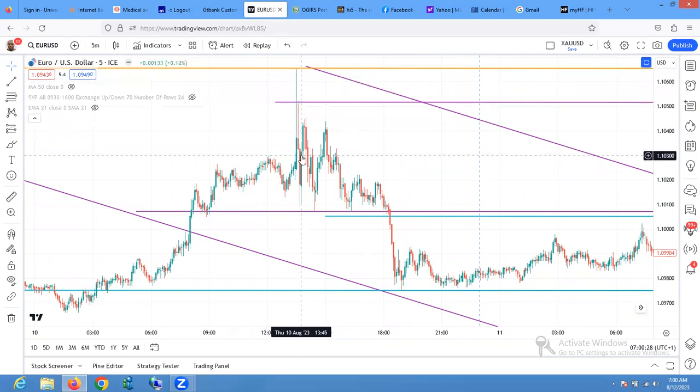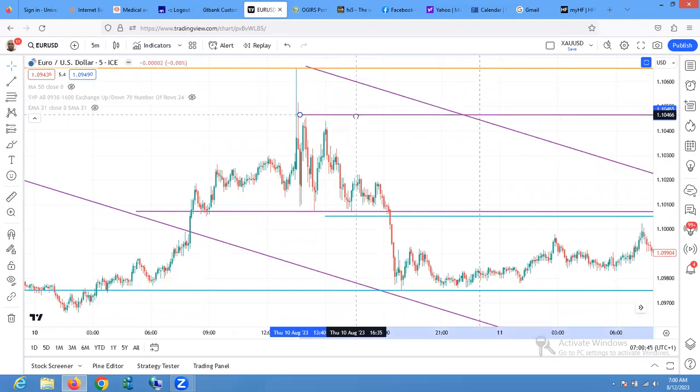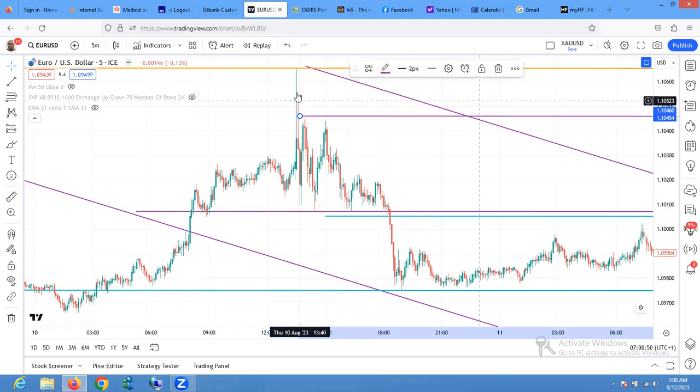It pushed down from here, which is the first move, and this will be A, and this will be B, and this will be a C. The return is actually here, not here, because this is a push down. The bullish move is the end of this wave here. So the sellers pushing down, this is the first move, A, B, and a C. So this is the lowest. So that forms like that.